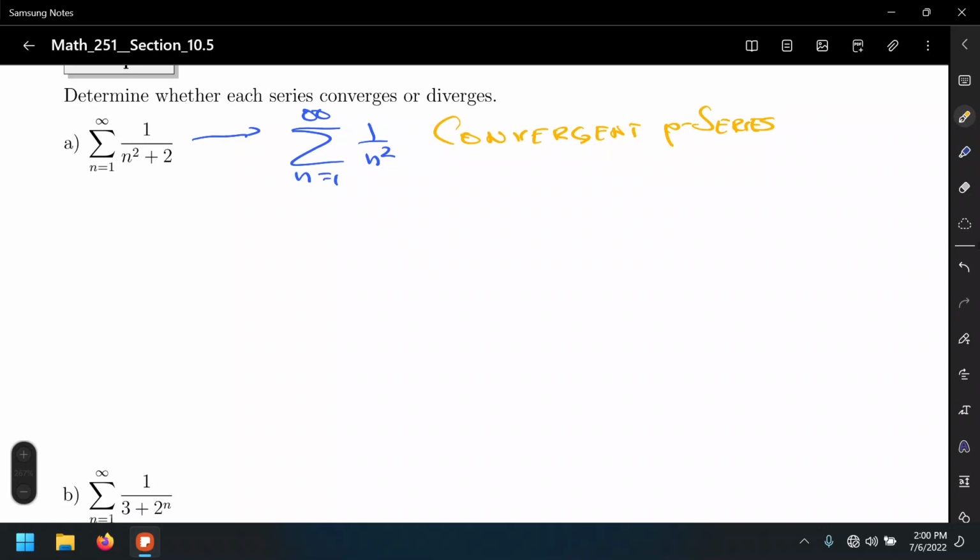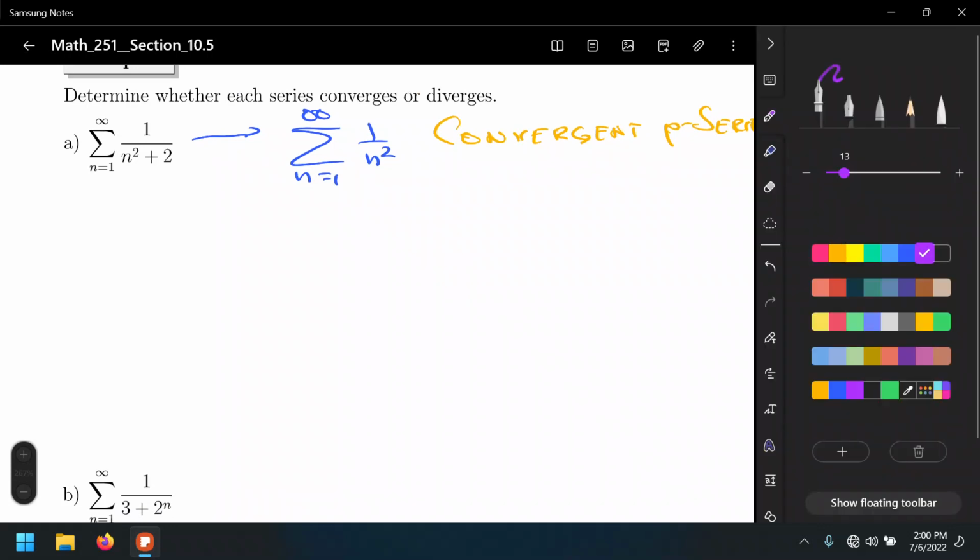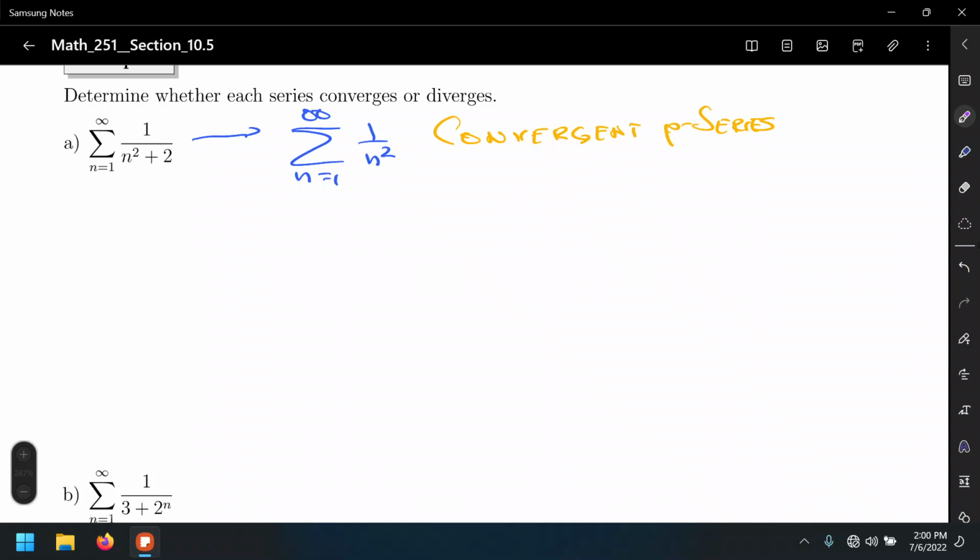In this case, what do we need to show for convergence? We need to show that tiny is less than or equal to small. Which one is which?